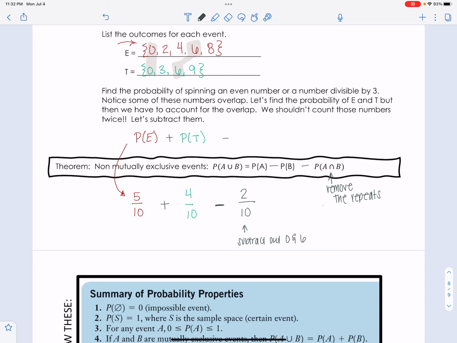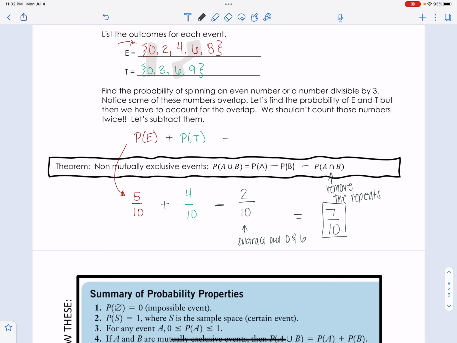Subtract out 0 and 6 because they've been repeated in both sets. That's going to give you the total probability. So 5 plus 4 minus 2 is going to give me a total probability of 7 out of 10.